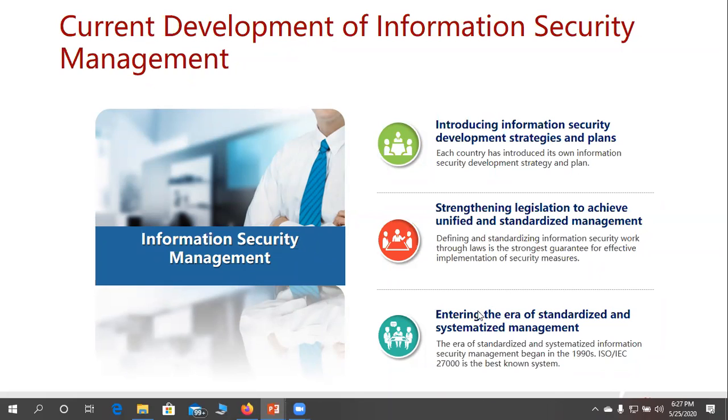Entering the era of standardized and systematized information security management, which began in the 1990s. We have some organizations such as ISO.